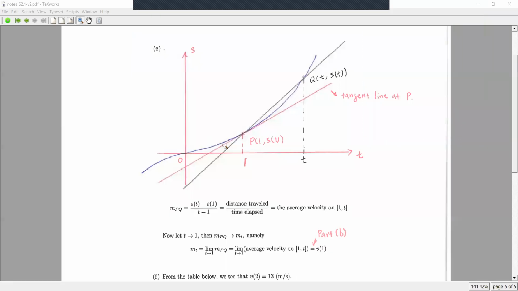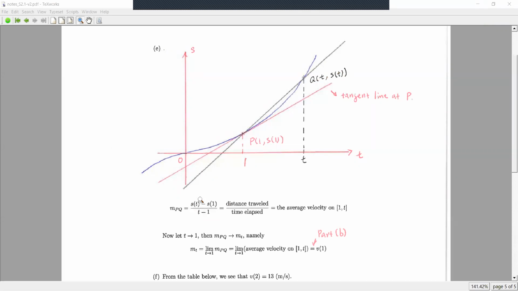Now, on the graph, we pick a point Q, and join P and Q with a line. By the slope formula, the slope of this line is y2 minus y1 over x2 minus x1. This is y2, y1, x2, x1.